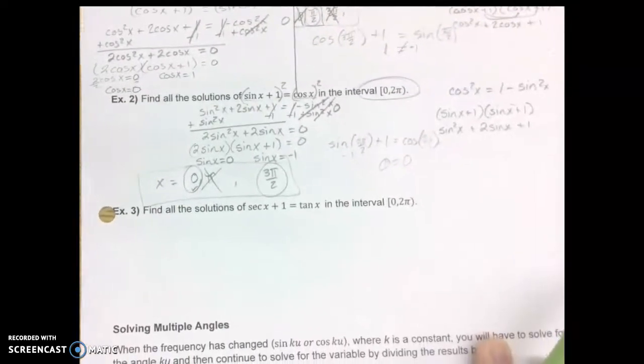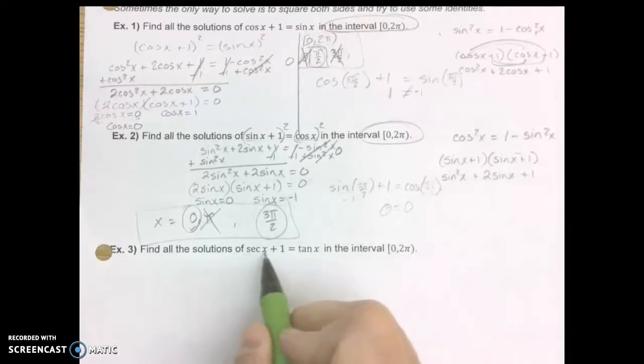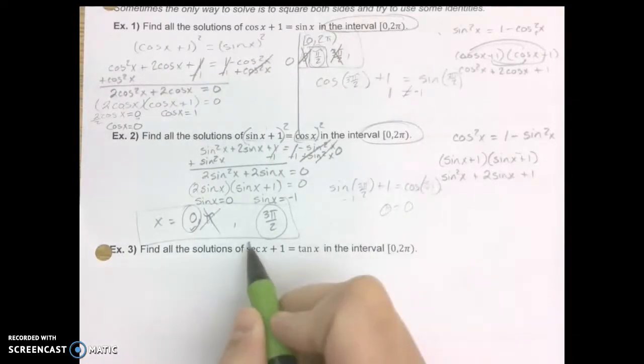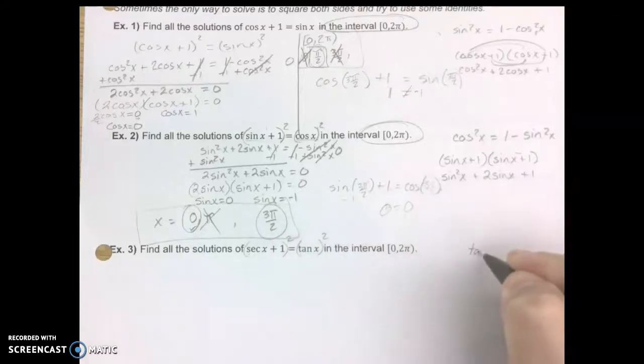Okay, let's do one more example for this section here. I have that secant of x plus 1 equals tangent of x. And again, I need them squared because I know that tangent squared x is going to be secant squared x minus 1.